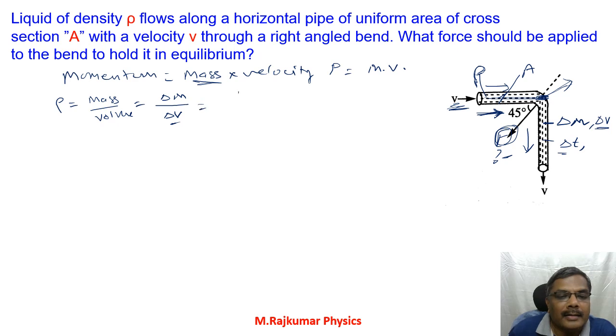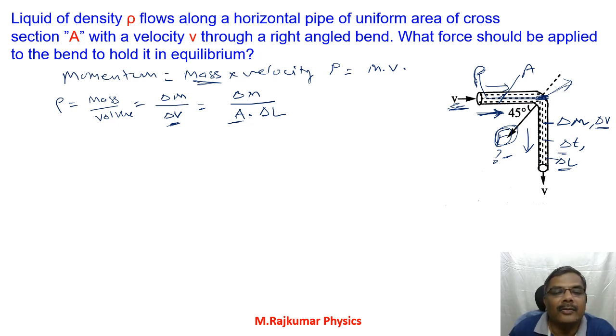And this delta V I can write as, because the area of cross section is given, A into delta L. This volume I can write as cross section area into a small length. So this small length delta L, I can take how much liquid is flowing for the small length.